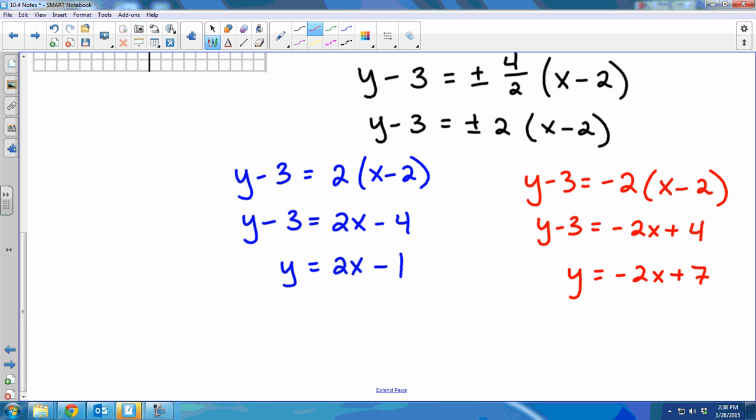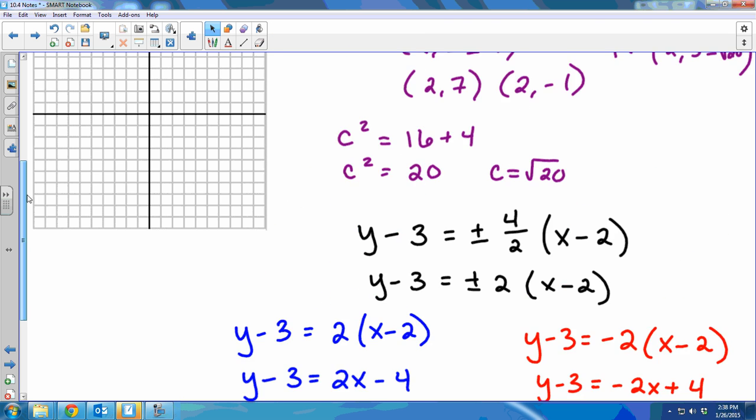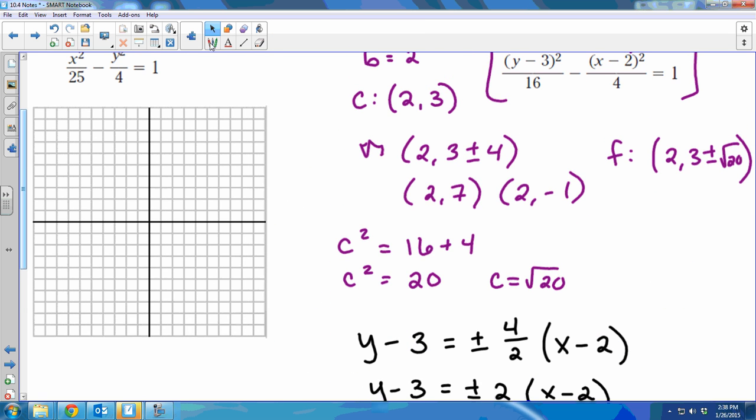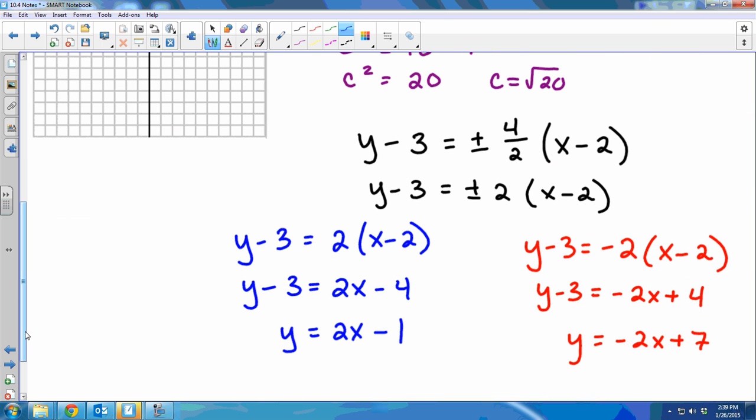Now that I have the center, the vertices, and the asymptotes, I can graph the hyperbola. So we'll start with the center. Center is at 2, 3. The vertices are at 2, 7, and 2, negative 1. And now I need to graph my two asymptotes. They're just linear equations. So I'm going to start at negative 1 on the y-axis.